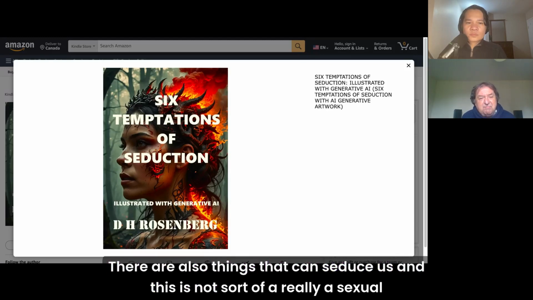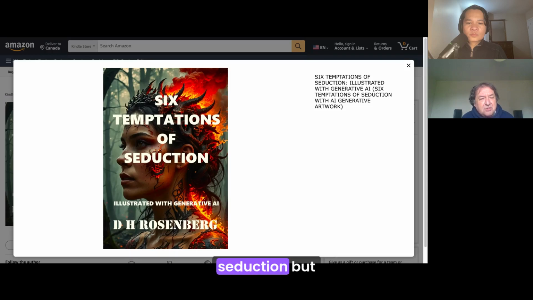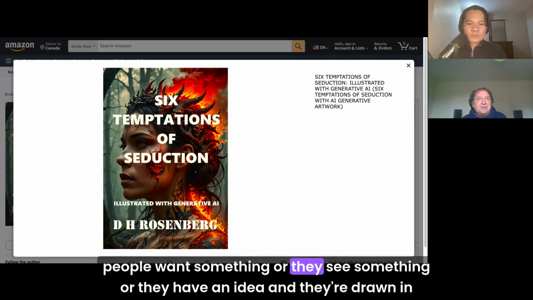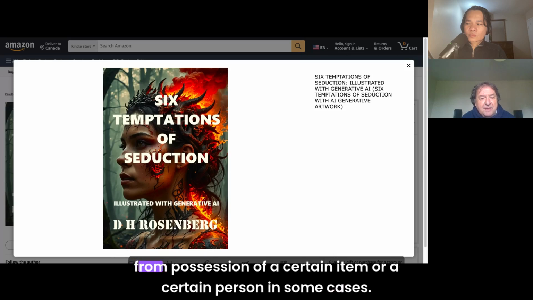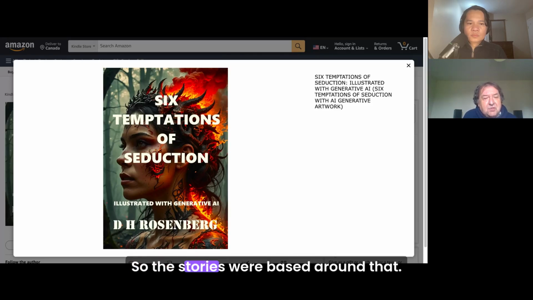This is not really a sexual seduction, but people want something, or they see something, or they have an idea, and they're drawn in, sometimes almost obsessively, to reach a certain goal or have a certain satisfaction from possession of a certain item or a certain person in some cases. So the stories were based around that.